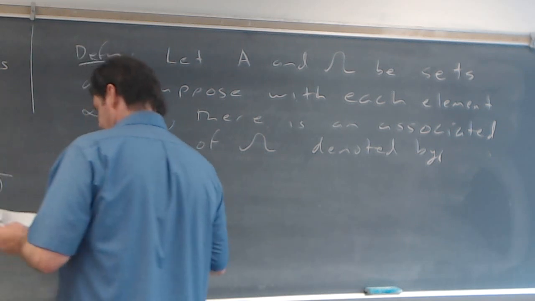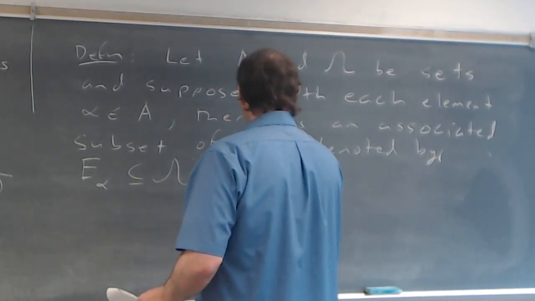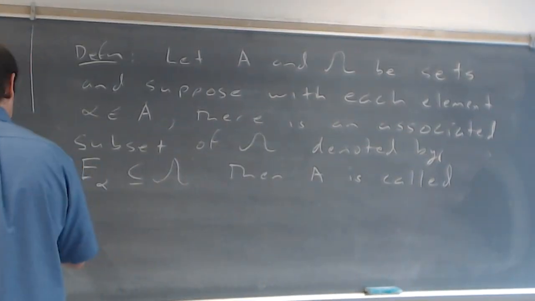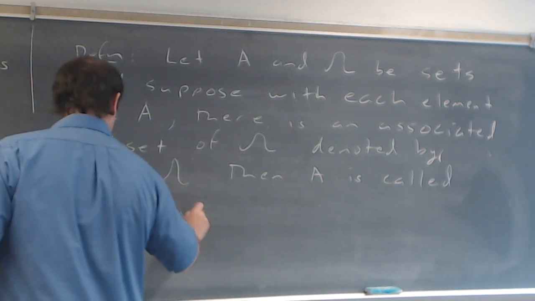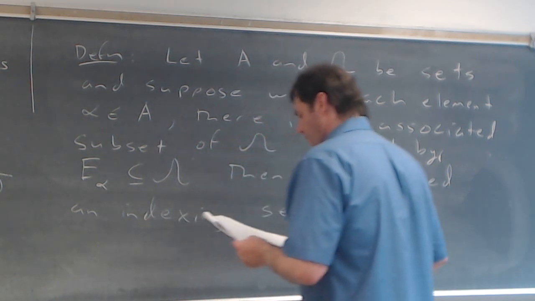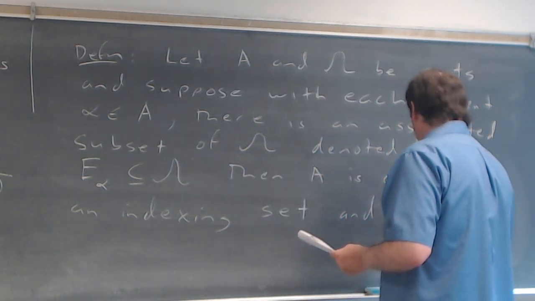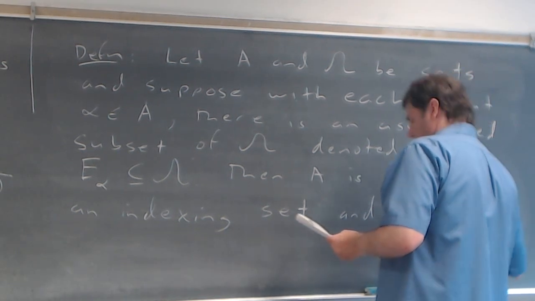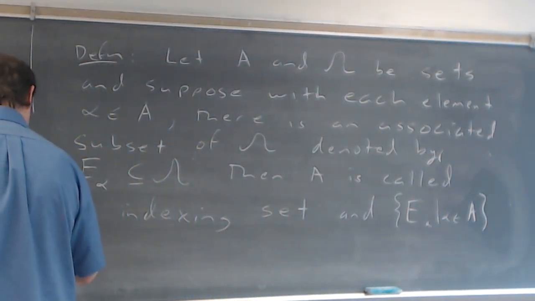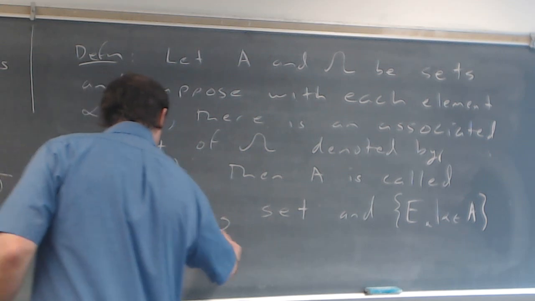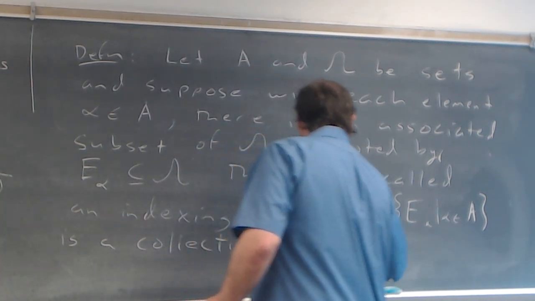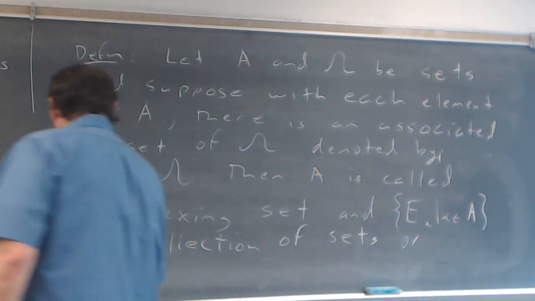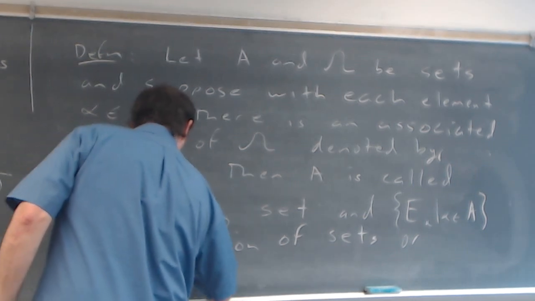Okay, so that's a subset of omega. Then A is called an indexing set, and the set of the collections of sets E sub alpha, such that alpha is an element of A, is a collection of sets, or sometimes we call it a family of sets.